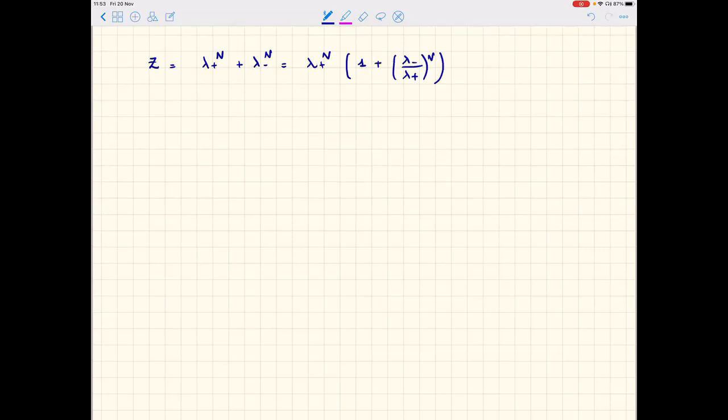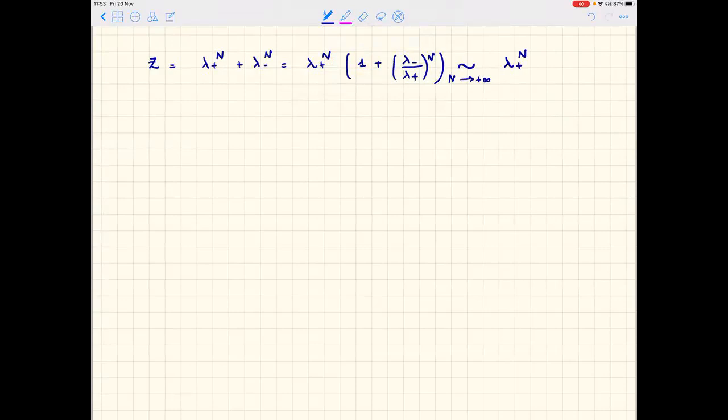And in the limit for N going to infinity, since lambda minus over lambda plus in absolute value is smaller than 1, this will tend to lambda plus to the power N. Actually, this is imprecise. It is going to go like lambda plus to the power N.